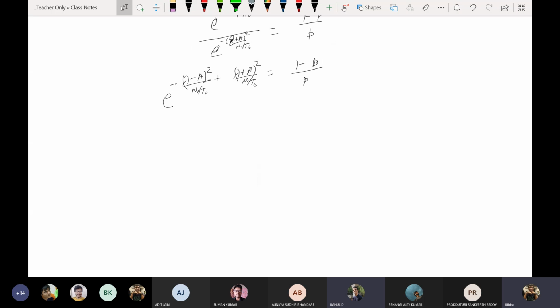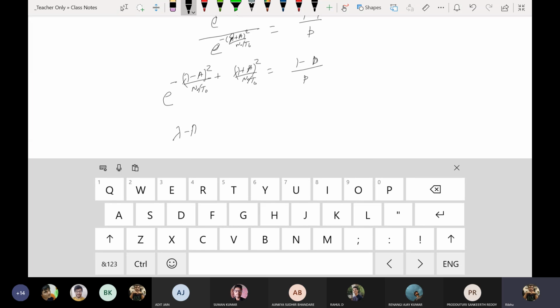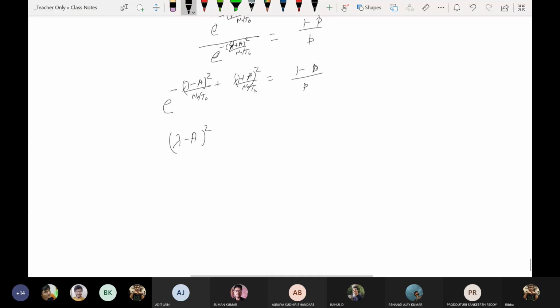Taking log on both sides, natural log on both sides, lambda minus a whole square over N naught Tb plus lambda plus a over N naught Tb.